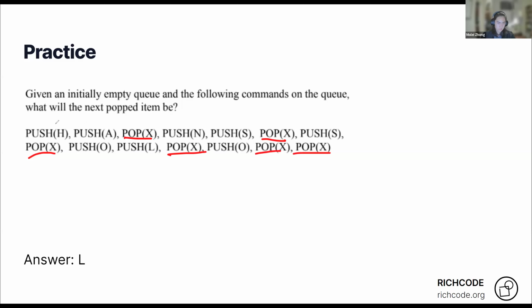And then we go 1, 2, 3, 4, 5, 6. And our next push is L. So L is our answer. Let's go on to the next problem.